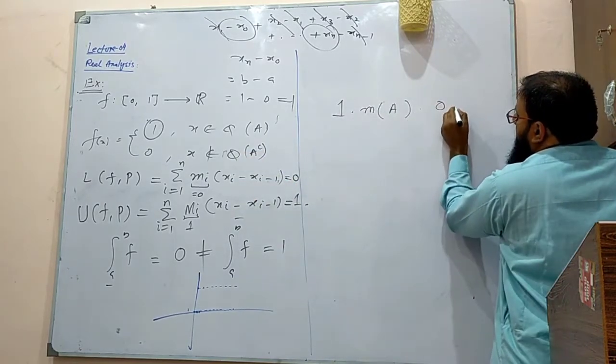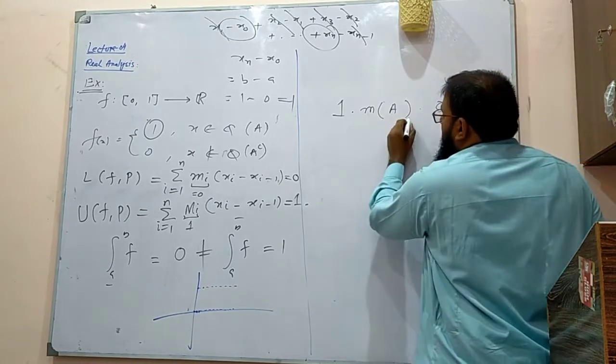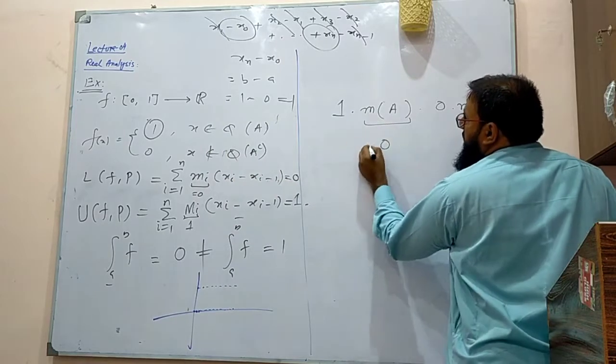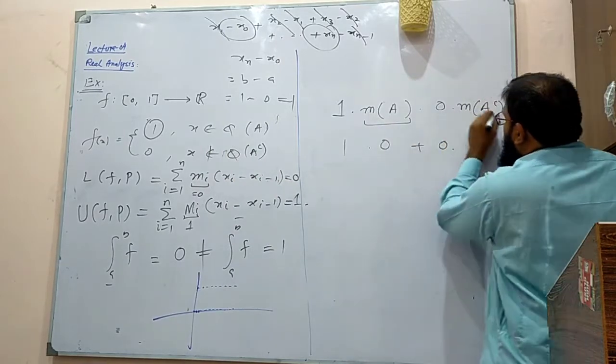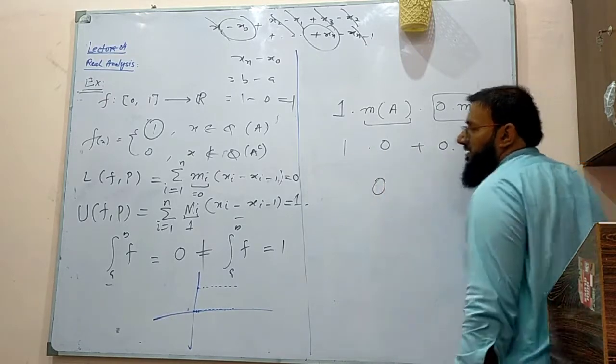And you take 0, multiply with the measure of A complement. The measure of the rational number set is 0. And whatever the other measure is, we are not interested, this will be 0. 1 times 0 is 0, plus 0 is going to be 0.